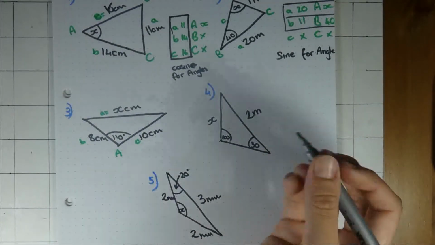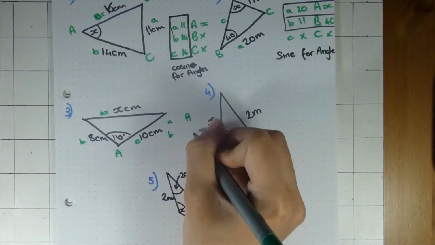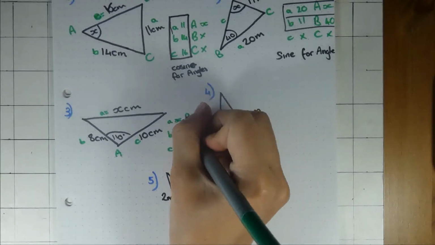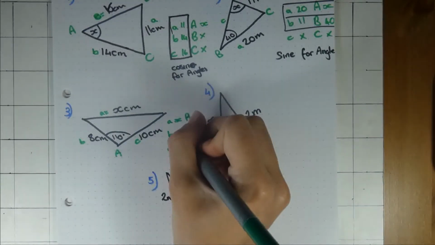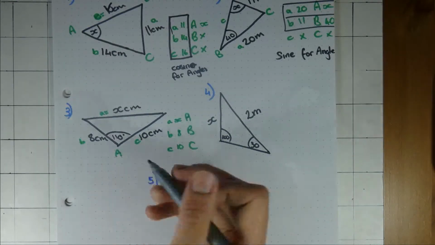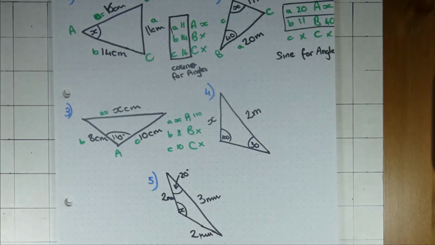We make our list, so we have A, B, C. A is X, B is 8, C is 10. Big A is 110, and we don't have B, we don't have C.